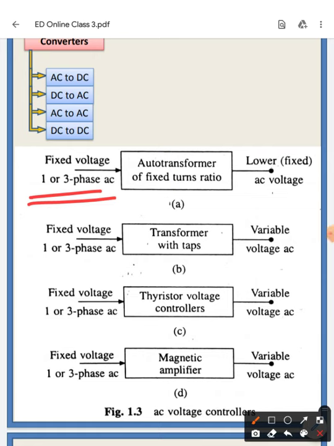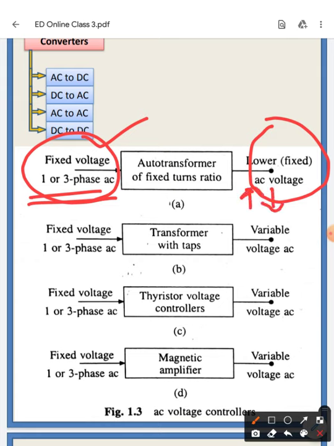There are several kinds of devices that can convert this fixed AC voltage either to a fixed, regulated level of AC voltage, or into variable AC, which may be at a low level or a high level, right?